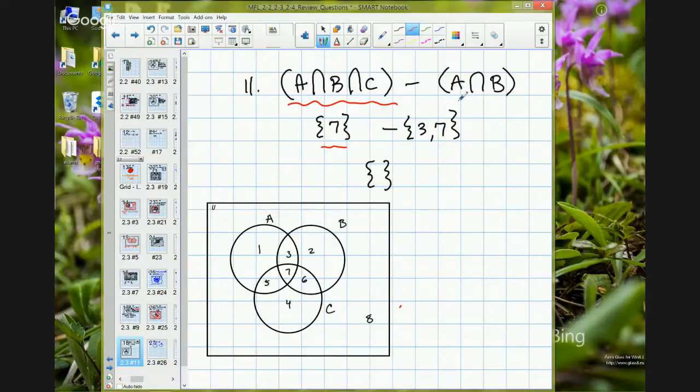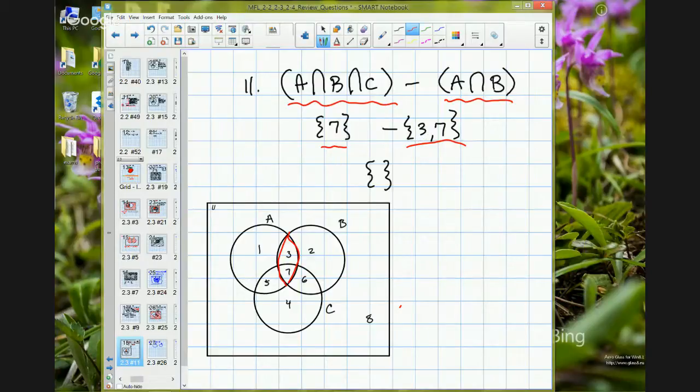Okay, and now let's do the second part. Where does A overlap B? 3 and 7, right? Here's where A overlaps B. Do you see it's both 3 and 7? Yeah. Okay. So now we've got our problem rewritten. Start with 7 and remove 3 and 7.